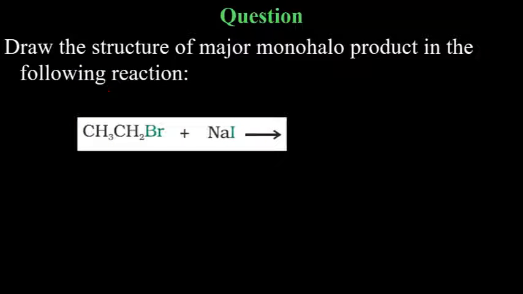Next, draw the structure of the major product. Again, this one is very simple. Who will tell me the name of this reaction? Yes, correct, Ashi. We have done this in this chapter.